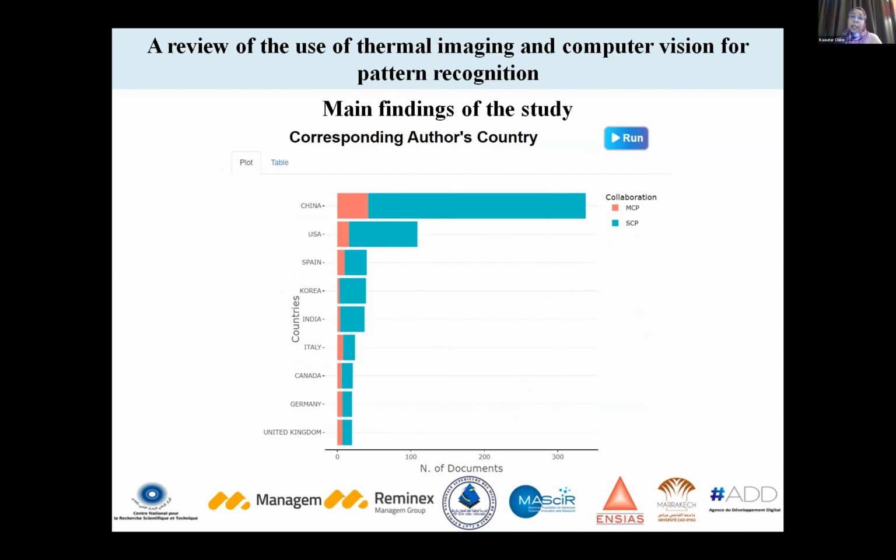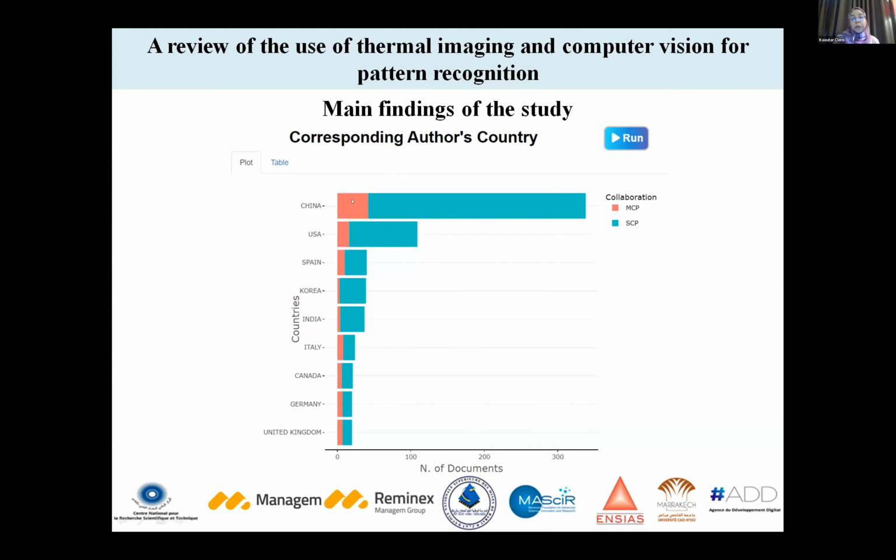Then we have China as the most publishing country within this topic. Here we have MCP and SCP, which mean multiple country publication and single country publication. Multiple country publication means a collaboration between several countries to establish research within the topic, and single country is when just one country establishes the study.